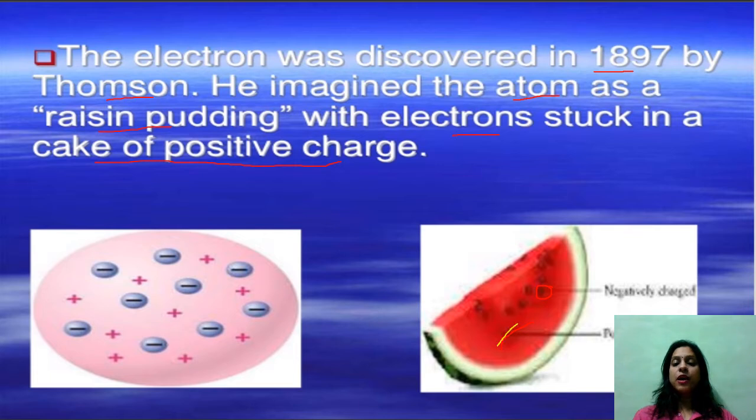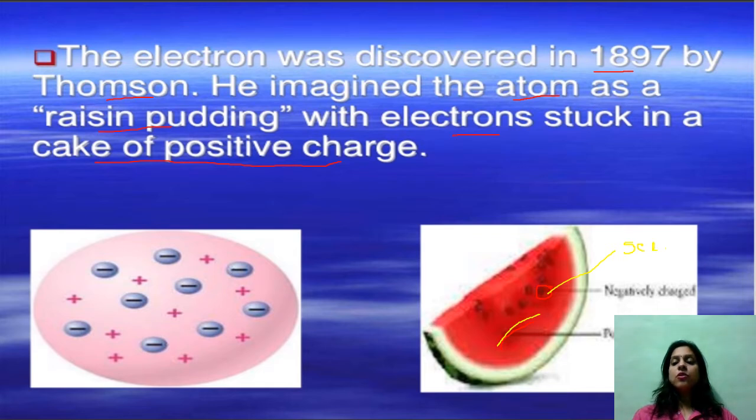ये वाला जो है ये आपका क्या है सारा, ये positively charged particles है, whereas these seeds are to be considered as what, these are considered as the negatively charged particles.